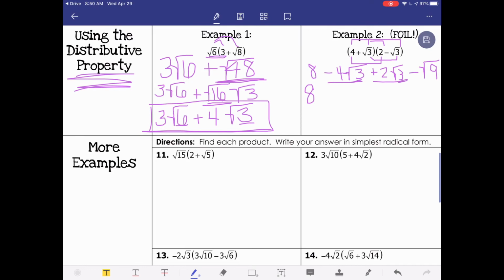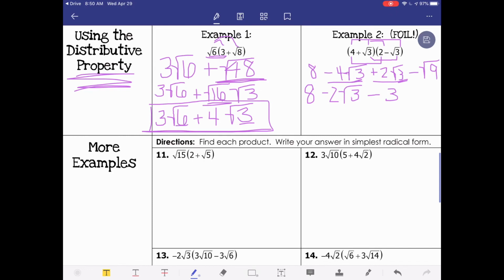So I'm going to do negative 4 plus 2, leaves me with negative 2, and then my radical stays the same. So radical 3, and then I have minus, and 9 is going to be a perfect square, so I can take this radical 9 and pull the 9 outside the radical, and it becomes 3. So I have 8 minus 2 radical 3 minus 3.